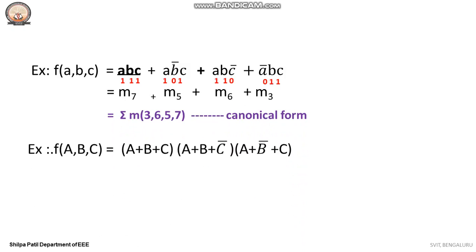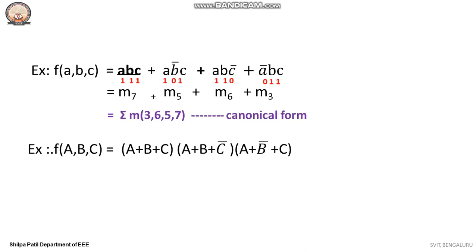Now we will take another example. This is a standard POS, so all the sum terms have all the variables. In a standard POS, each sum term we call a max term. Here, complemented is 1 and uncomplemented is 0.